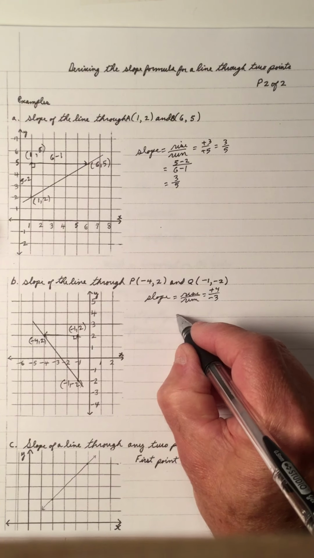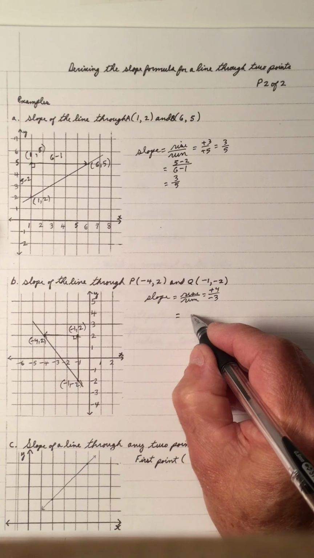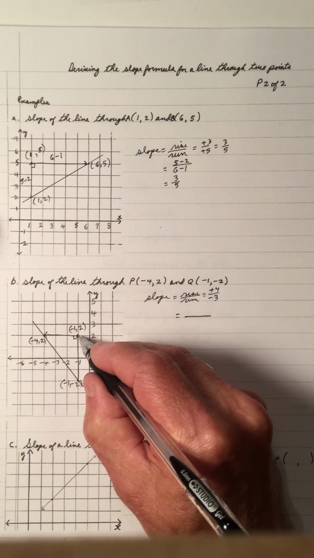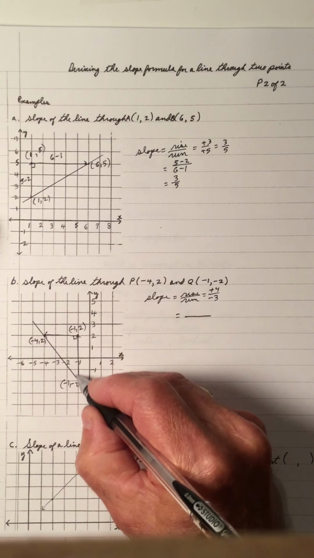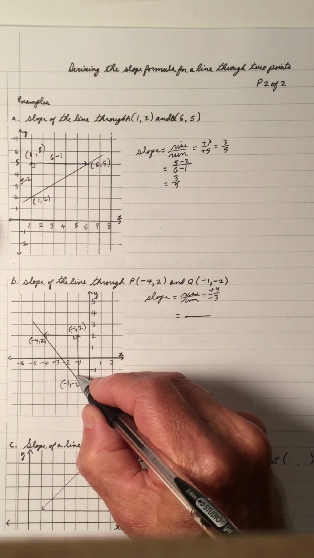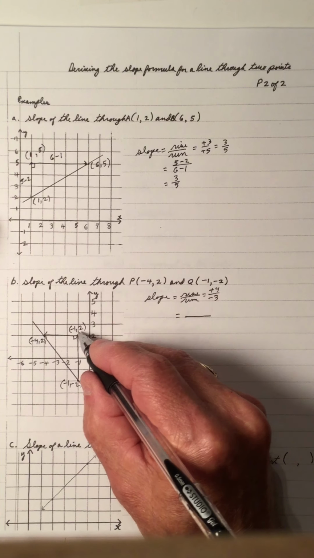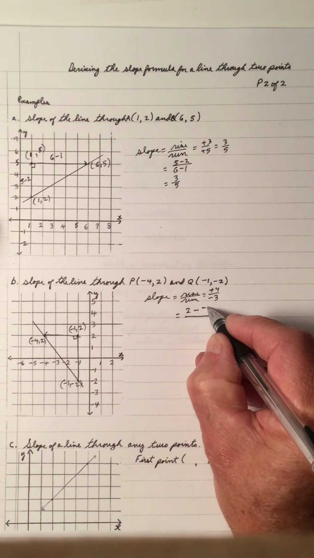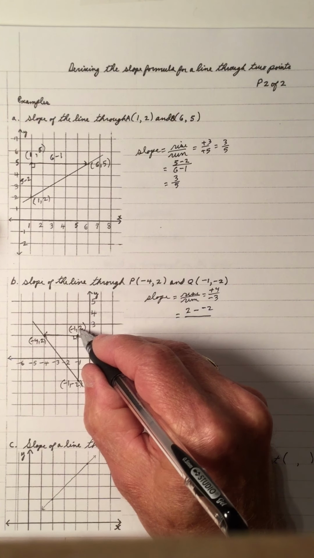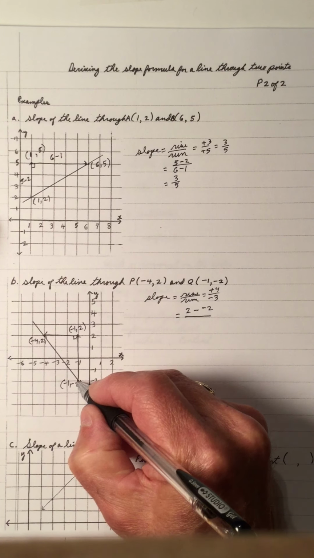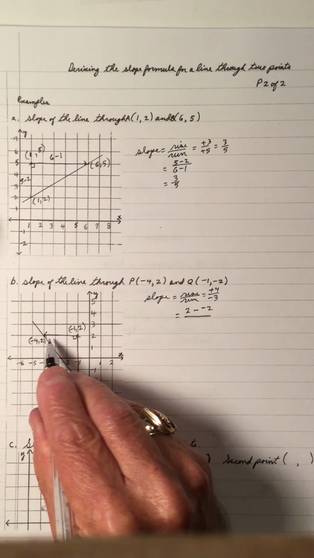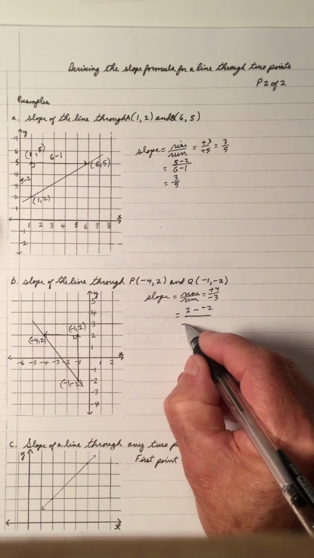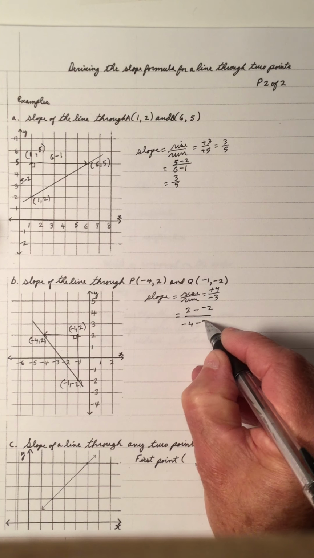Now, in relation to the numbers, to get the +4 rise, I had to take the top one minus the bottom one. And to get the run, which is negative, I had to do -4 subtract -1.